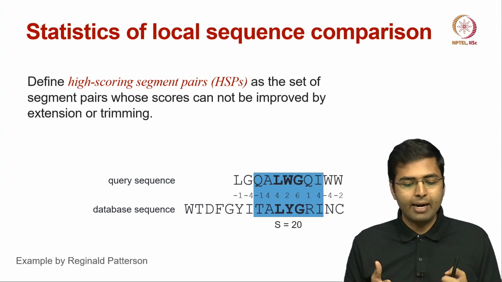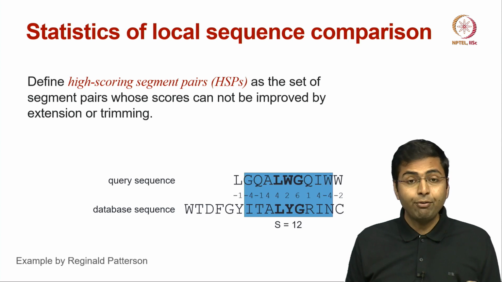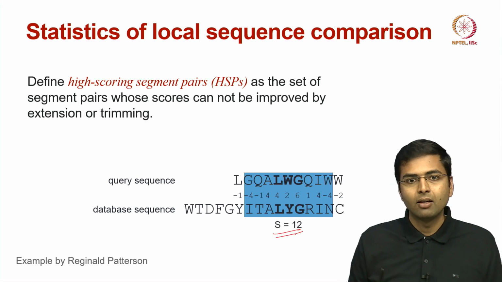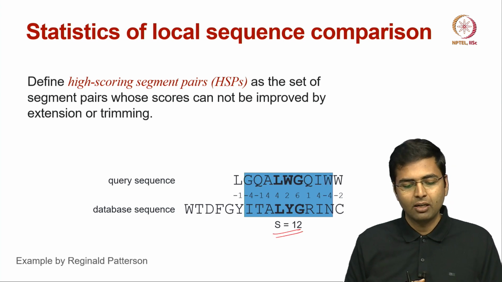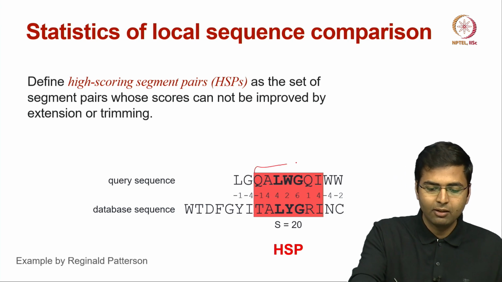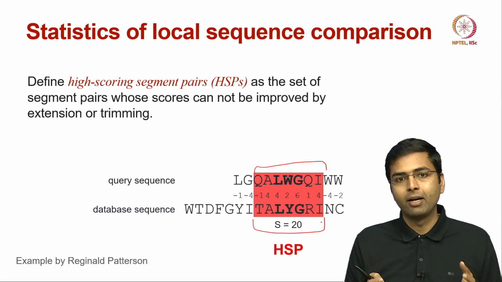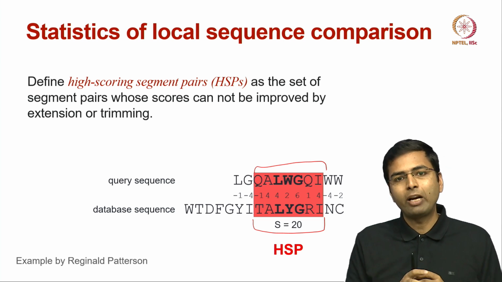If I further expand, the score further improves, but if I expand this time, the score has decreased. Compared to the previous time, the score has decreased now, which means that this substring pair is my high scoring segment pair, that is HSP.